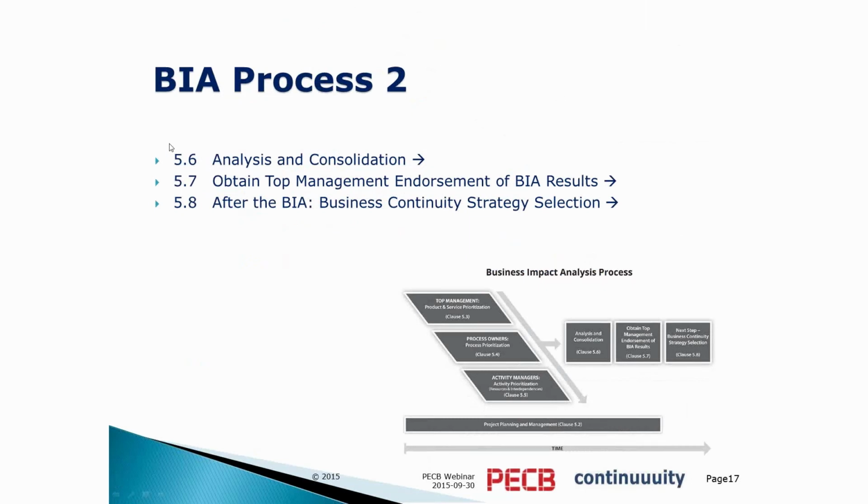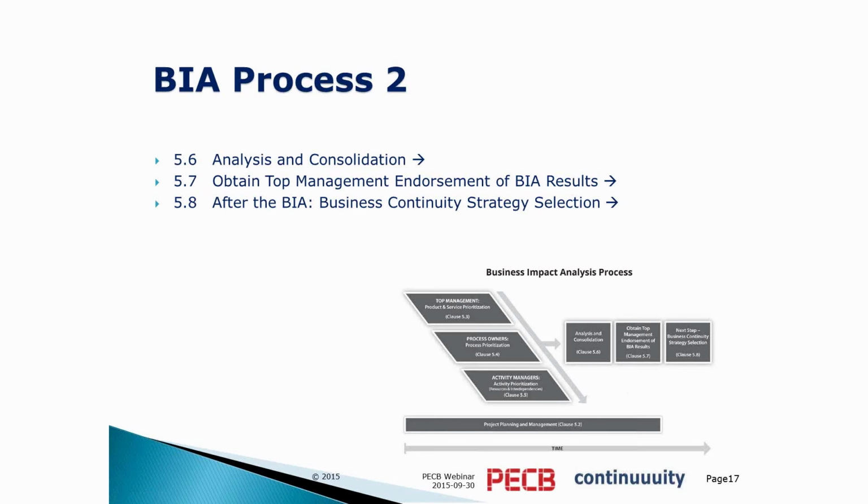Okay, this is just to make it more readable. We talk about 5.6, 5.7, and 5.8, analysis and consolidation, just in case you cannot read that. Top management endorsement, and it actually says after the BIA, business continuity strategy selection.